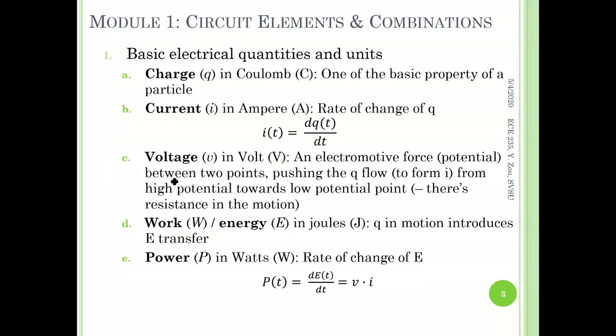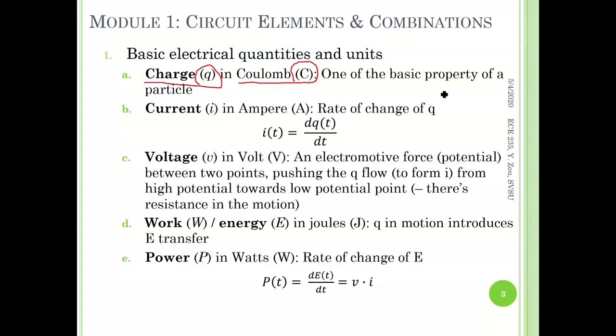1. Basic electrical quantities and units. There are some very important and basic terms, or say concepts, we need to become familiar with. The first one is electrical charge, represented by the letter Q. The unit is coulomb, represented by C. So Q in C. It is one of the basic physical properties of a particle.